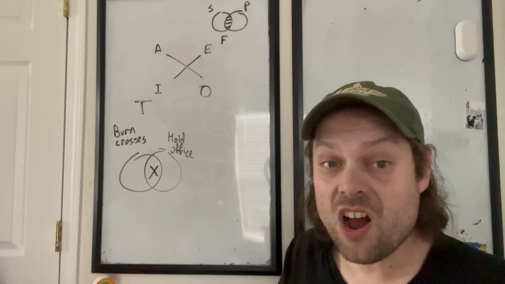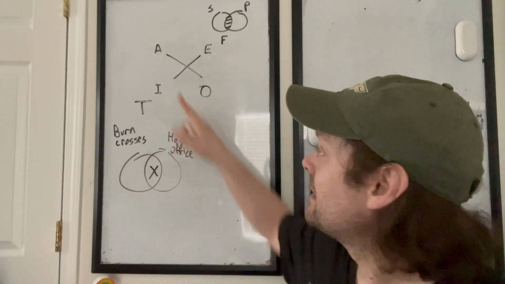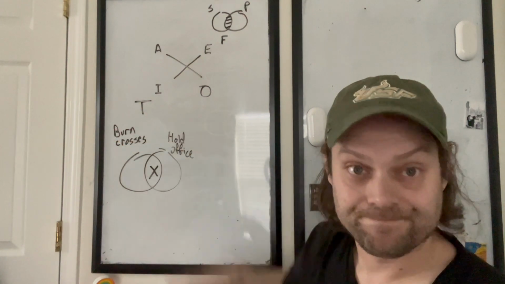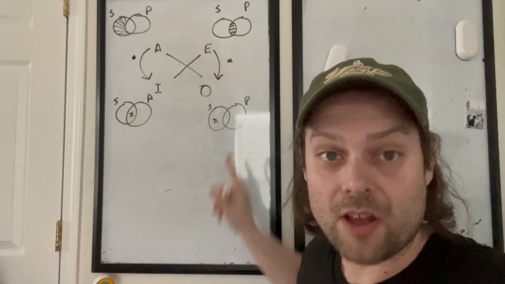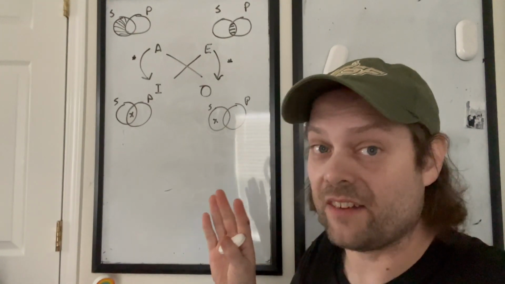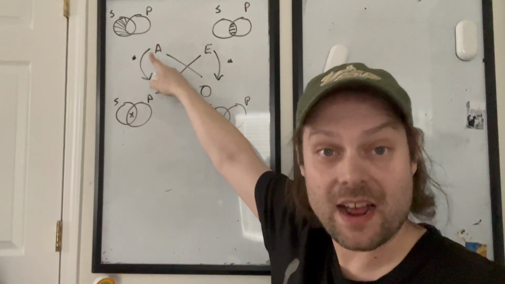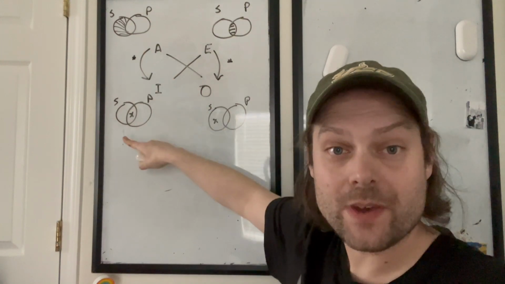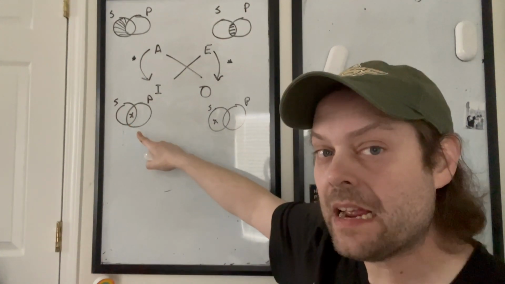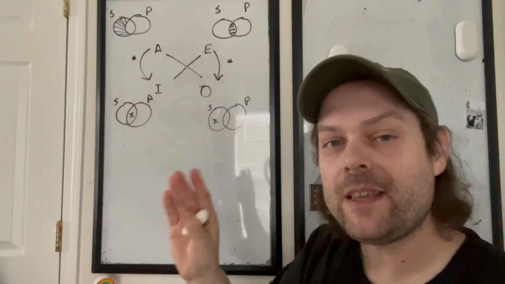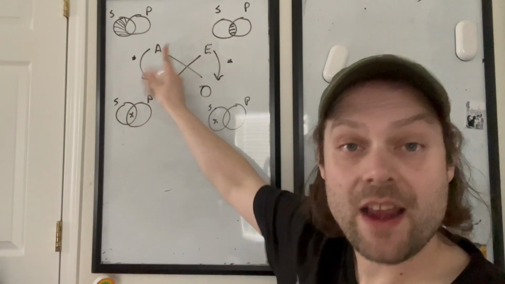If you're not talking about things that actually exist, this is the only relationship we're going to be able to use. All right, so subalternation is a little complicated, right? What happens is, if you have the A statement, you get the I statement for free, but only assuming existential import, right? Only when we're talking about non-empty categories.